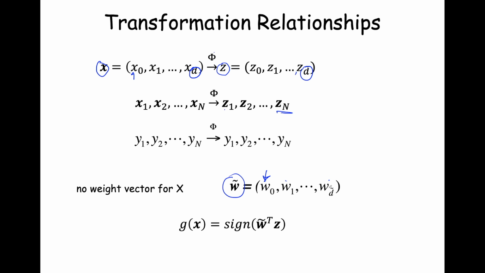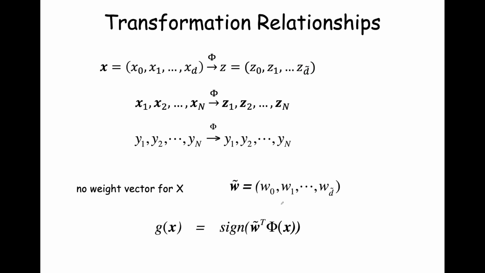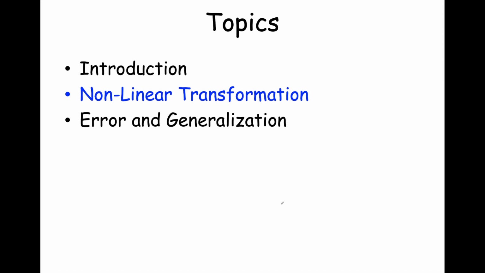And of course, our hypothesis evaluator, final best hypothesis in our input representation, g of x, is just sign of w tilde transpose z, where the z we obtain by our phi function evaluated on that x. Okay, so this is our mapping through transformation and the set of relationships between our feature space representation and our input space representation.